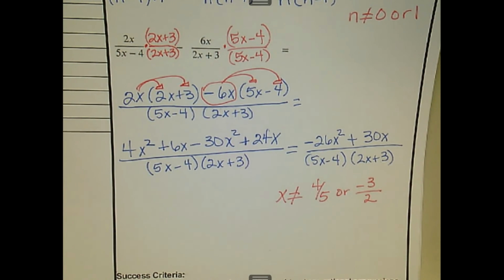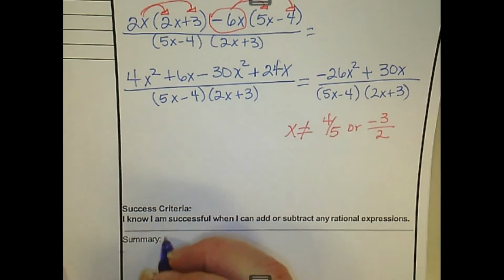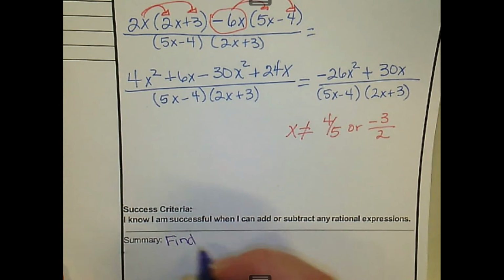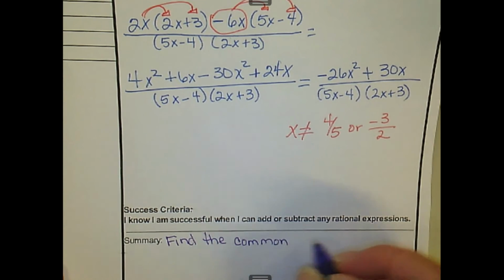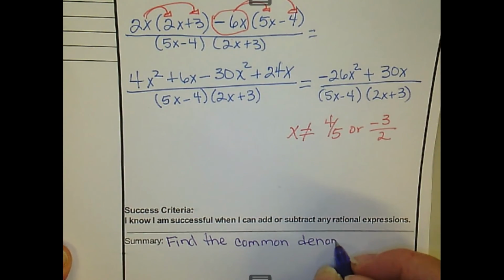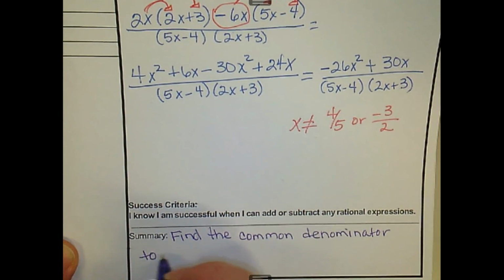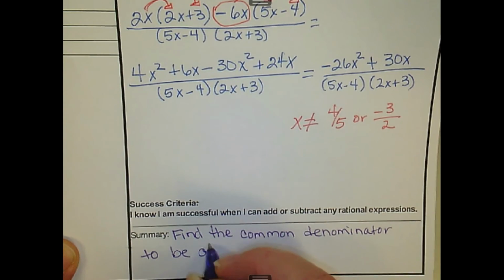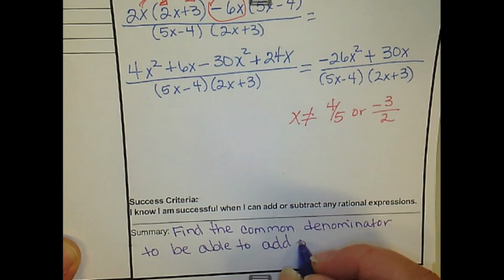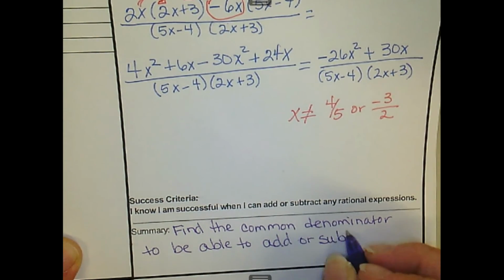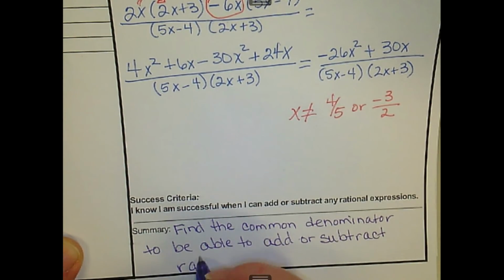And this is how you add or subtract rationals. Find the common denominator to be able to add or subtract rational expressions.